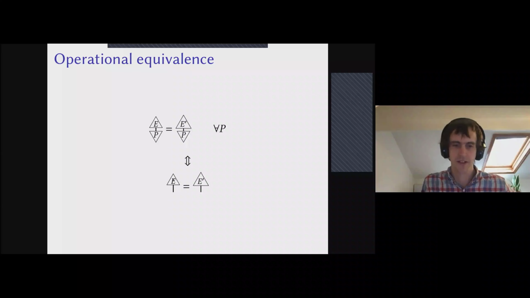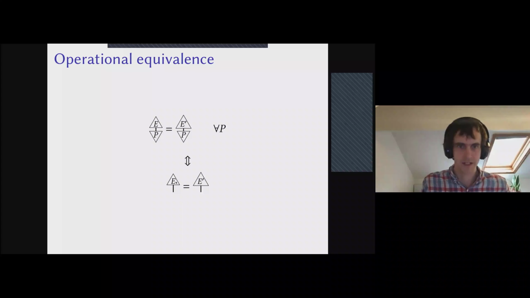If you're thinking about quantum theory, measurement outcomes are equivalent if and only if they're represented by the same POVM element. So this is just saying that when I draw an effect like this, I'm really talking about the POVM element. I'm not including any information about the context. Okay, so that's how we're going to deal with operational equivalences.